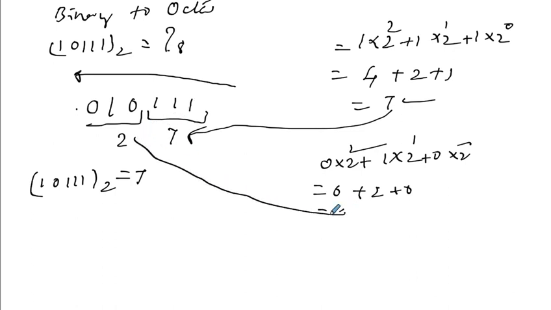Fine, I hope this is clear to you. Okay, one more shortcut trick I will tell you: how to convert these binary numbers directly to their equivalent octal or their equivalent decimal. See now, if a number is given, for example the same number I will take, that is 10111. First I will tell you how to convert this into its equivalent decimal.